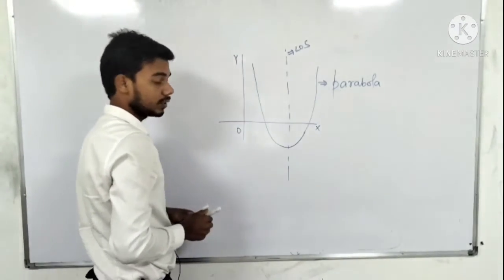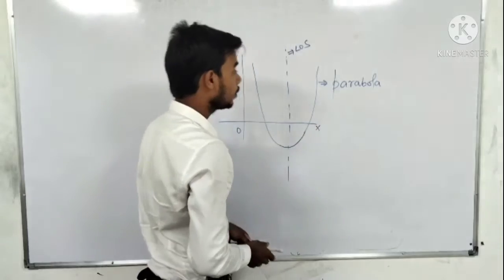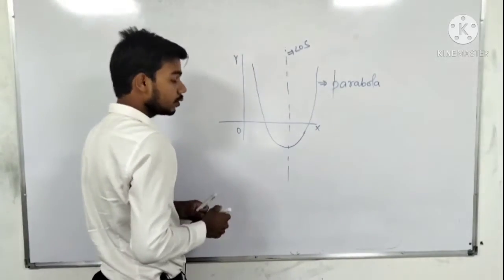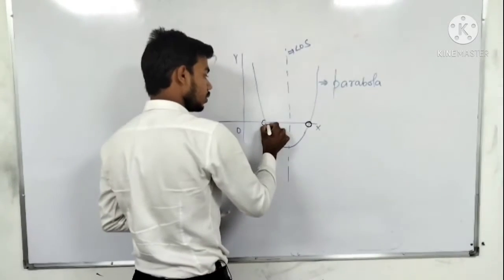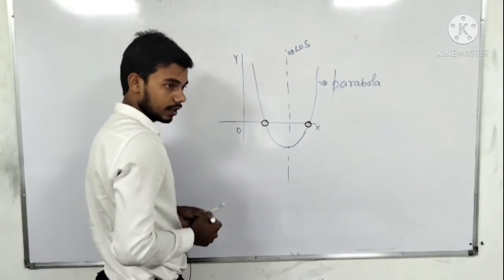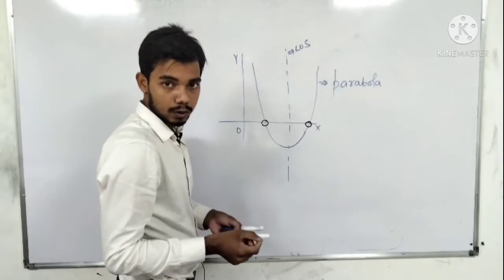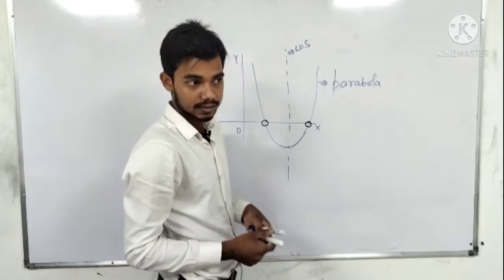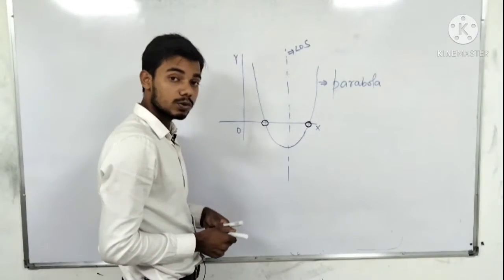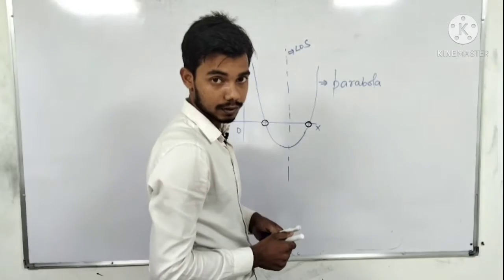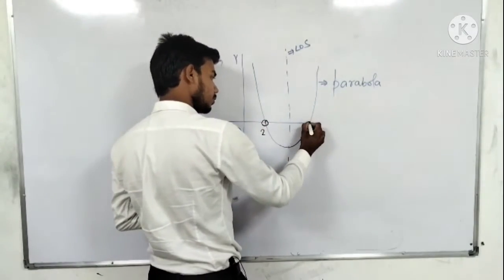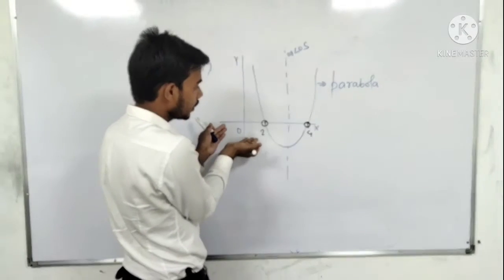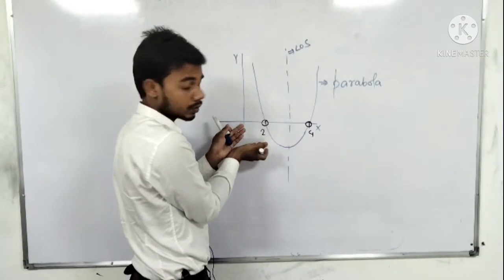This is the property of the quadratic polynomial, and if you look at it, it cuts the x-axis at two distinct points, and as we know, the points where the graph cuts the x-axis are called the zeros of the quadratic polynomial. Suppose this point is 2 and this point is 4, although approximately this point will be 2.